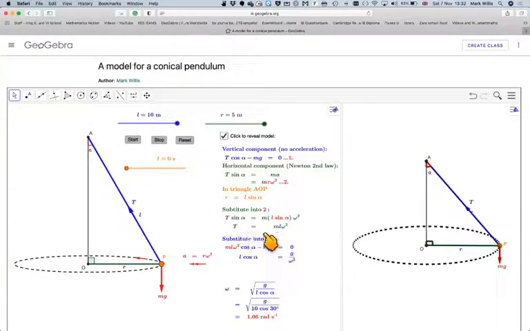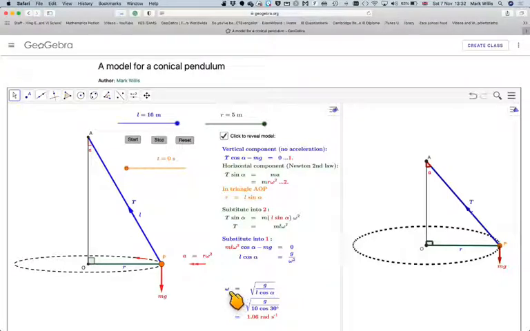We get that T is m L omega squared. If we substitute that into 1, we get m L omega squared cos alpha minus mg is equal to 0, and we get L cos alpha is equal to g over omega squared.